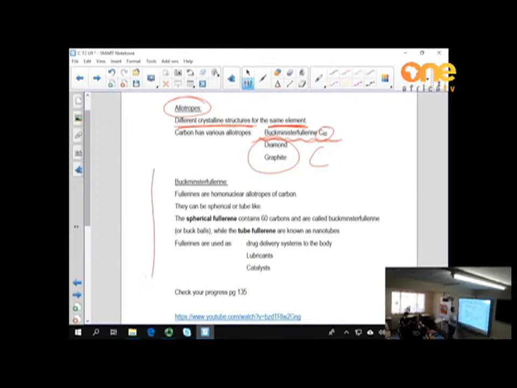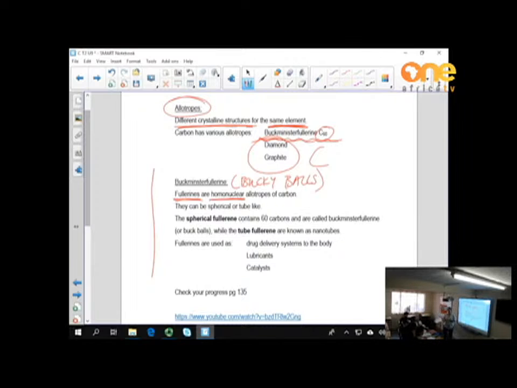Just a little bit more about Buckminster Fullerene, or just Bucky. They will accept both. It shouldn't be a problem. They sometimes refer to them as fullerenes as well. They are homonuclear. What does that mean? Homonuclear. The same nucleus. What is heteronuclear?